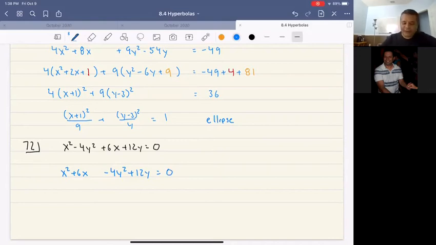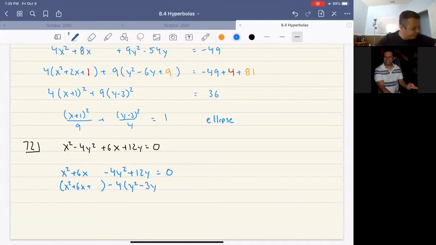Now here, let's complete the square. Let me write it this way: x squared plus 6x, then on the next two I'm going to factor out a negative 4. That leaves me with y squared minus 3y.